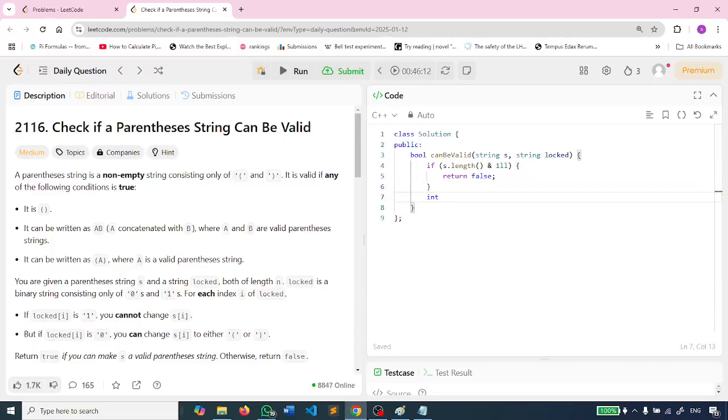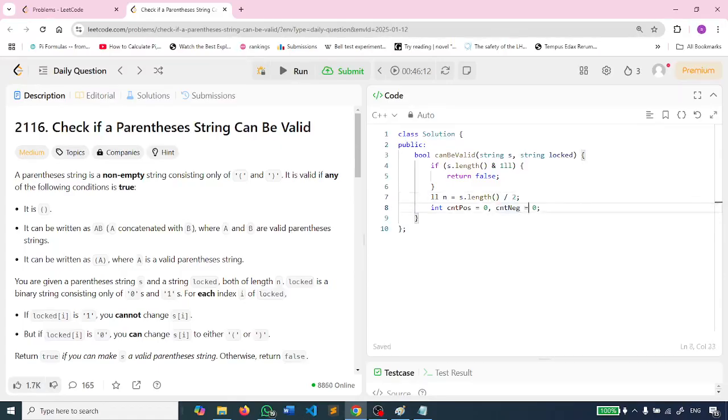Int count open 0, count close 0. So n equal to s.length by 2, because we need to deal with half openings and half closing brackets, so I'm just taking n by 2 now.